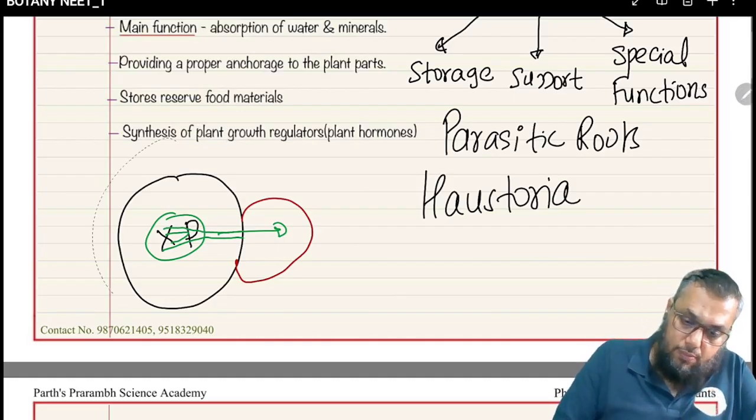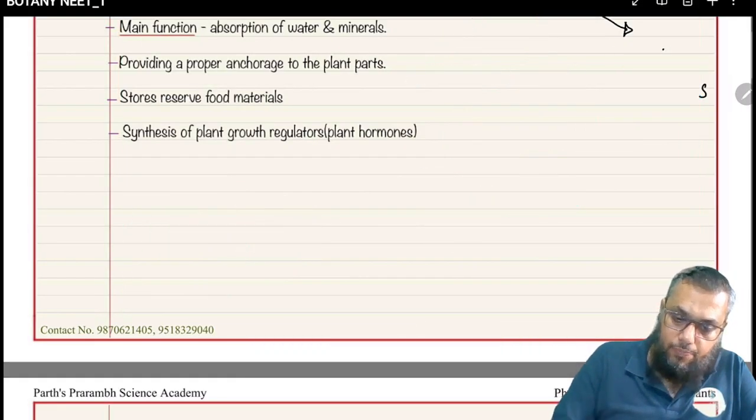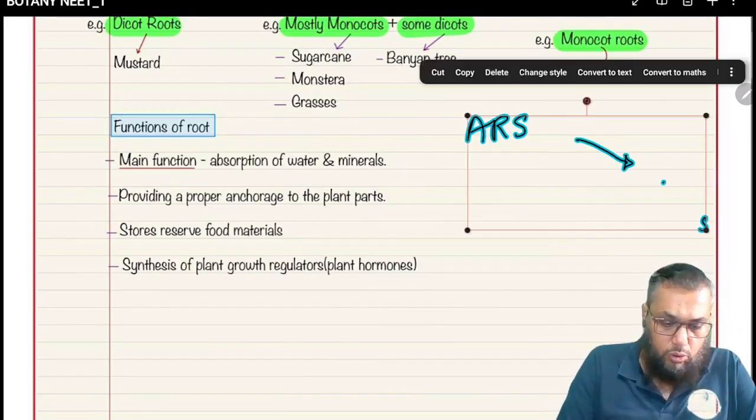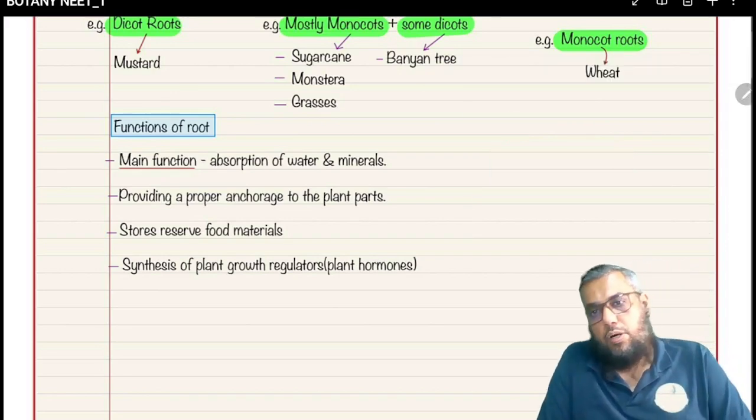So amazingly, we see that other than these four functions that we have mentioned, the root also ends up doing many more functions by undergoing different modifications.